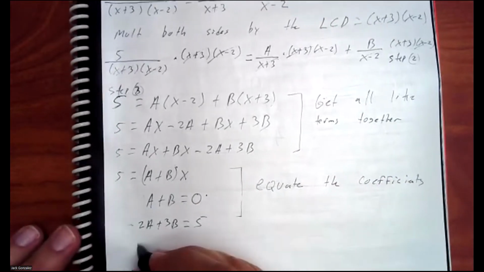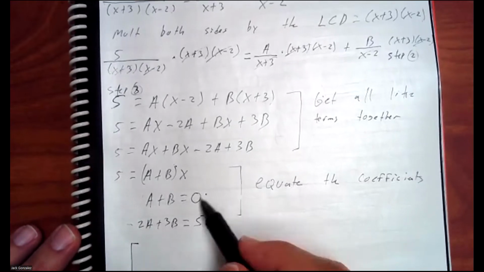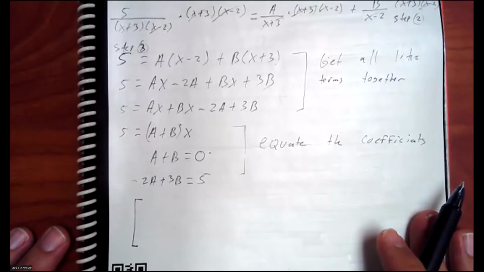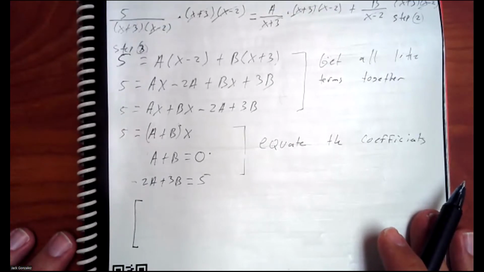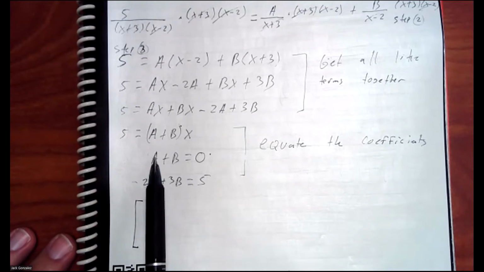What I recommend though, is to change this into a matrix. Do you guys remember how to change a system into a matrix? Pretty sure you did it in college algebra. Right? So the first column goes here in the matrix, right?